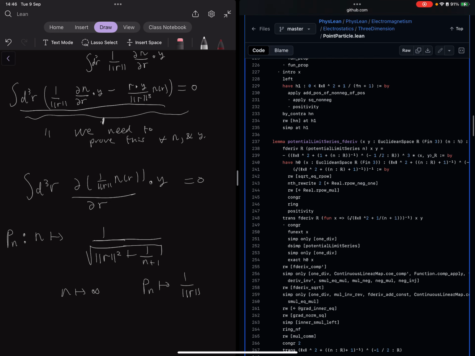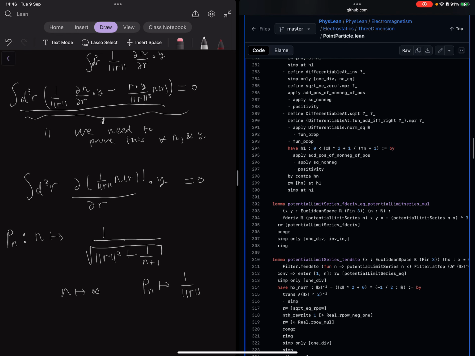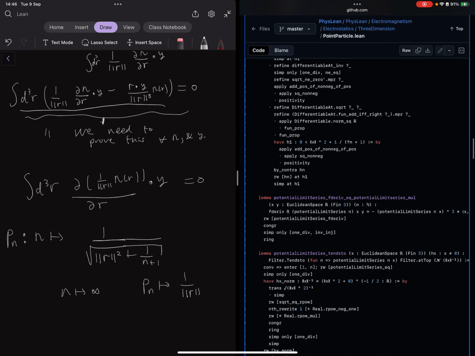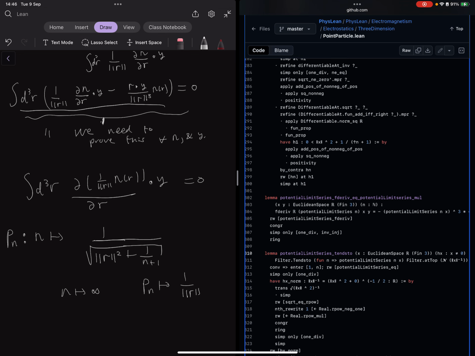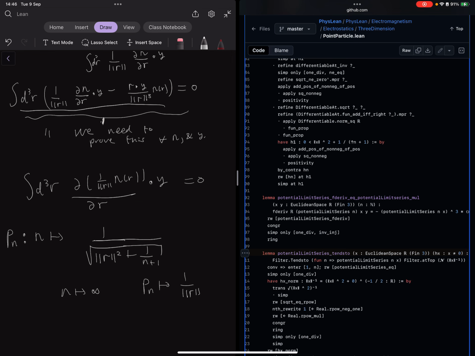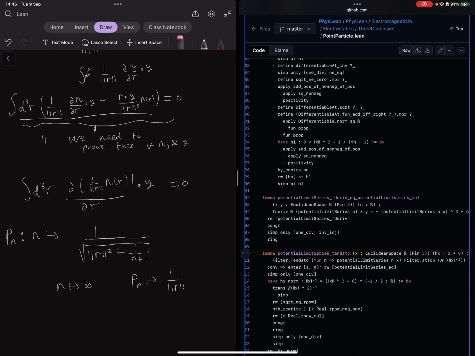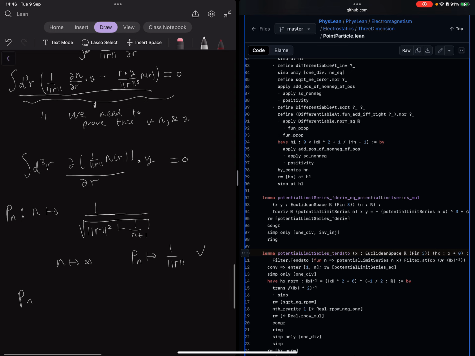Let me see if I can find that lemma in PhysLean. This is exactly this statement here, that as n goes to infinity, P of n goes to 1 over r. So that's one thing we have about this. Another thing is that P of n is differentiable, even though 1 over r is not.